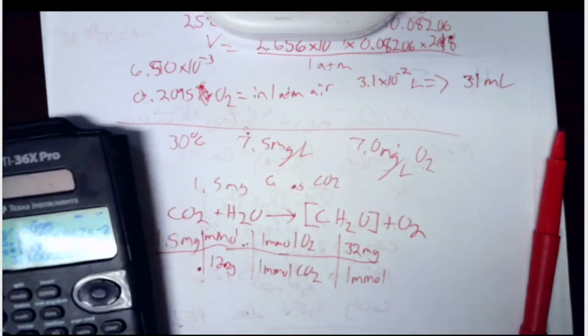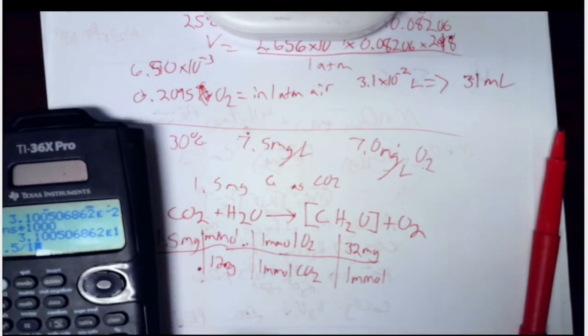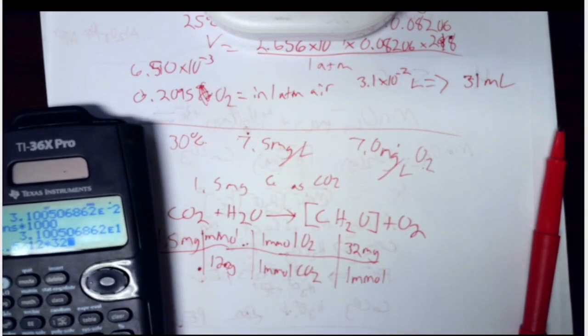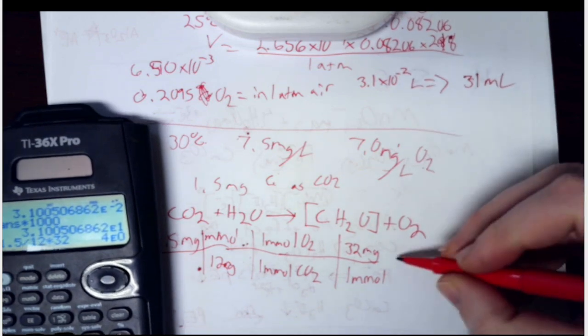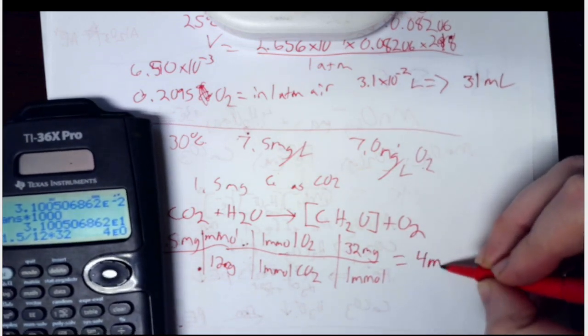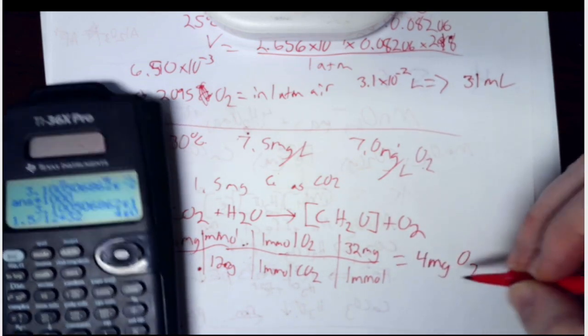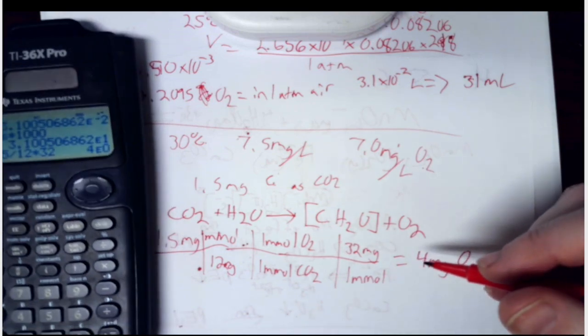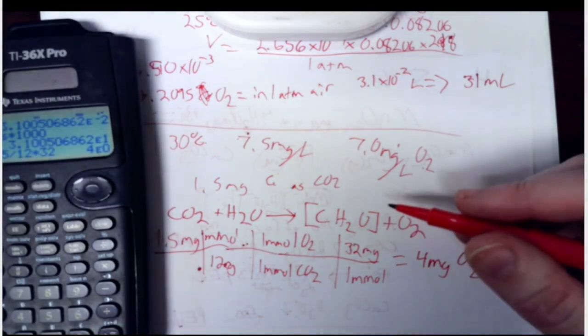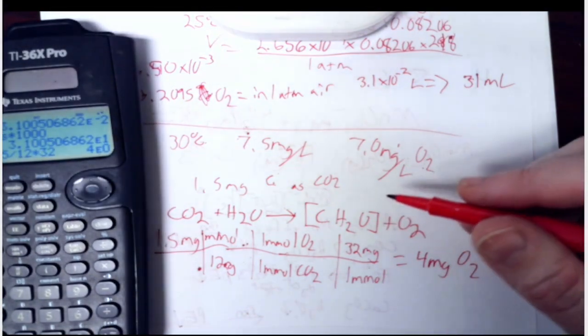So 1.5 divided by 12 times 32 means we would produce something like 4 milligrams of oxygen.